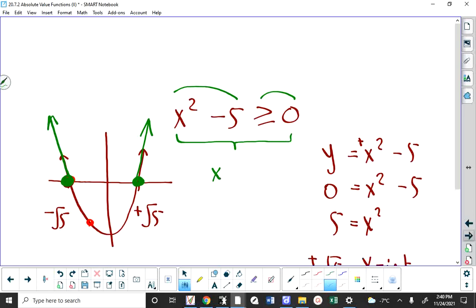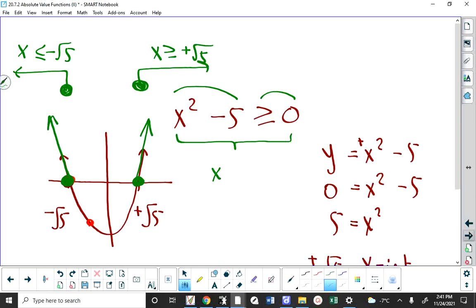These two green pieces are where x is less than negative root 5 or equal to it, and where x is greater than or equal to positive root 5. That's the domain where, when you go from negative infinity all the way up to infinity, where is the thing above the x-axis?